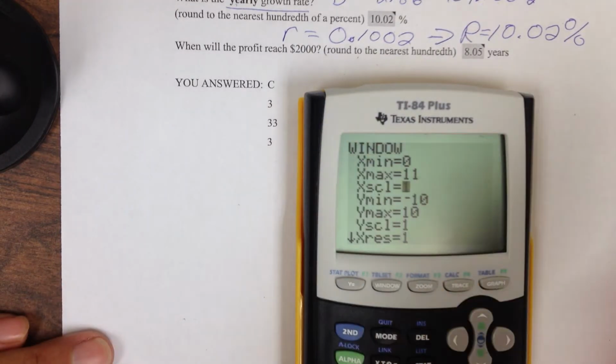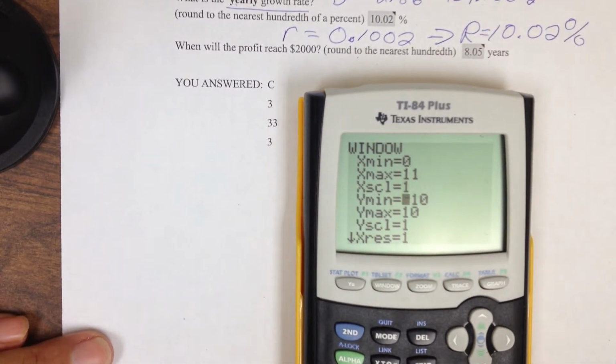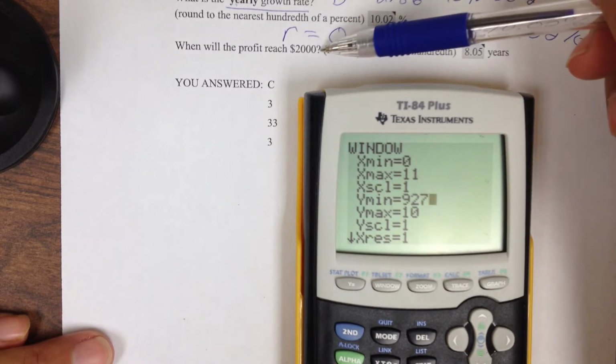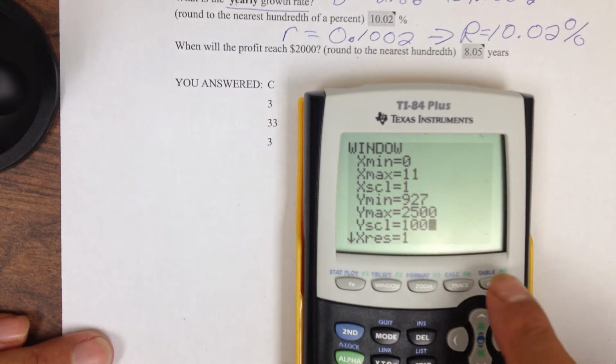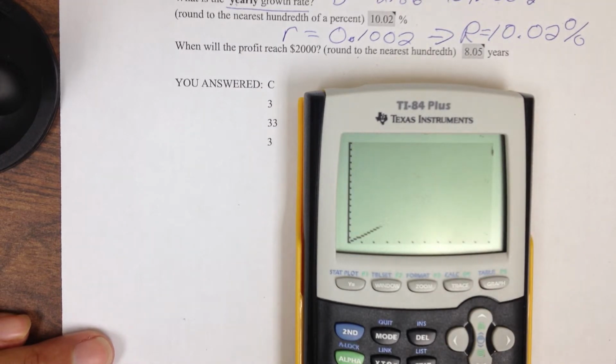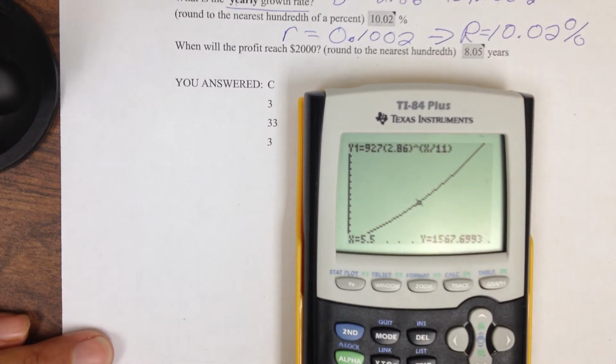Y value. Okay, my lowest Y value starts off at 927. And I'm expecting my profit to be larger than 2,000, so let's do 2,500. And let's do a scale of 100s for the Y's. And hit graph. Trace button.